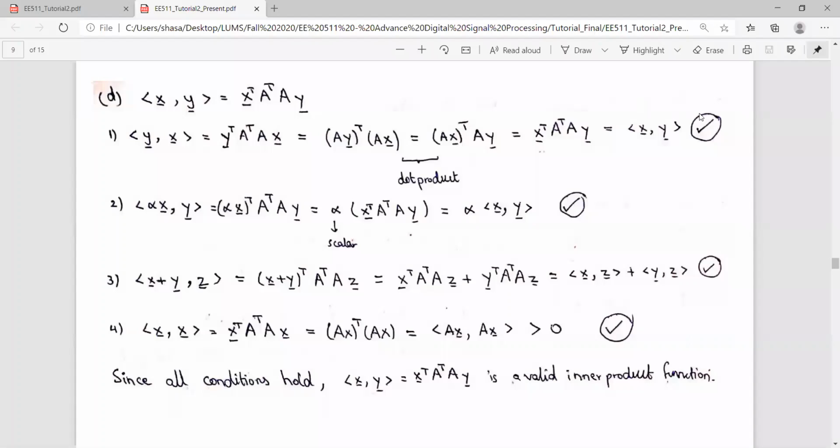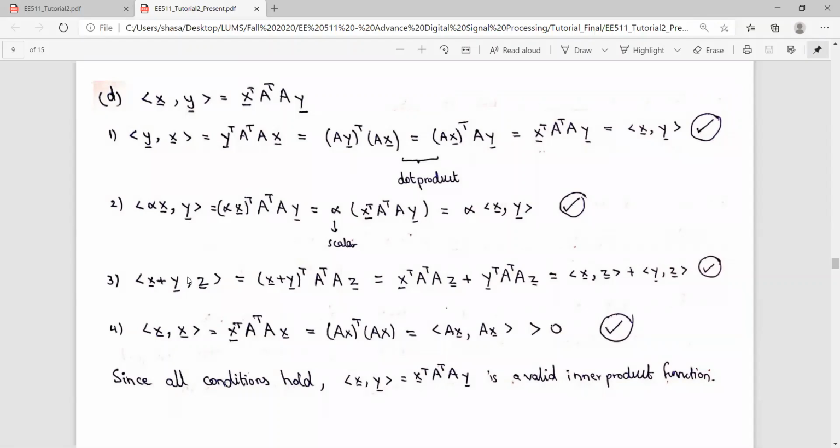So my first property is satisfied. For the second property, I note that the alpha is just a scalar, so we don't need a transpose here. And what remains is really the inner product of x and y, and this is also satisfied.